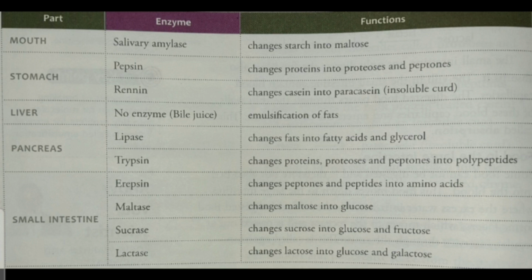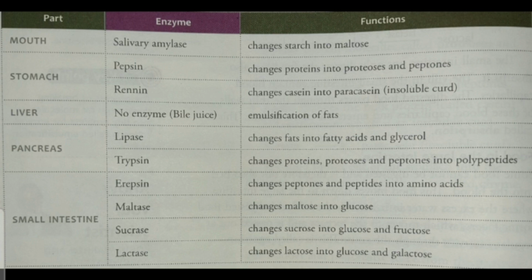The next part is the pancreas. The pancreatic juice is added here, and in the pancreas there are very important enzymes present, the lipase and trypsin. As the name suggests, lipase is a fat-lytic enzyme, and it changes fat into fatty acids and glycerol.